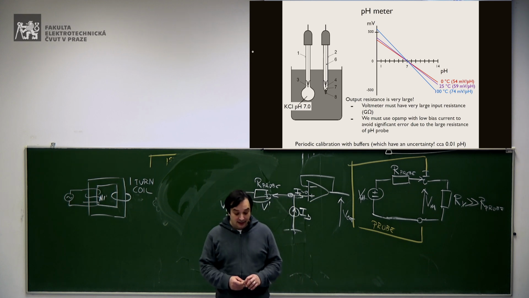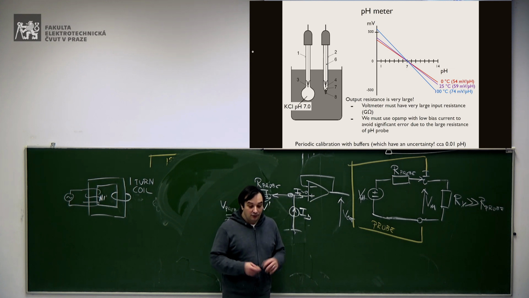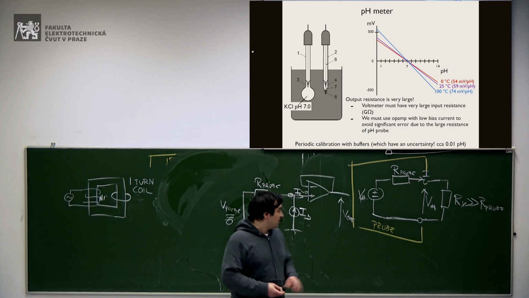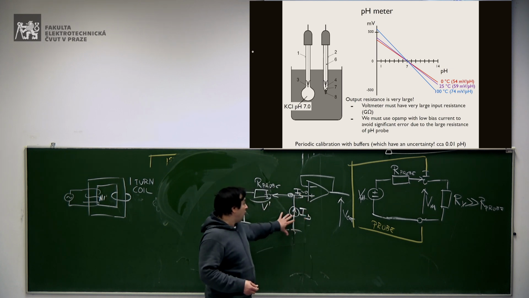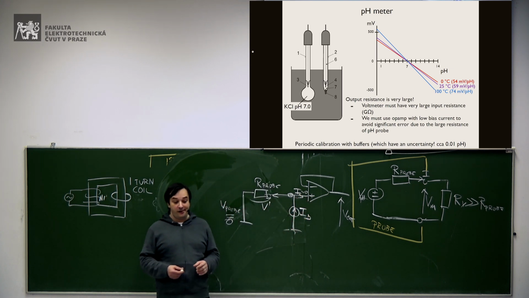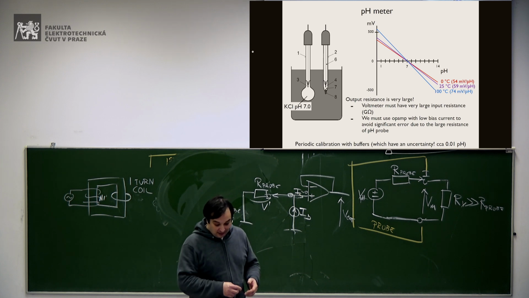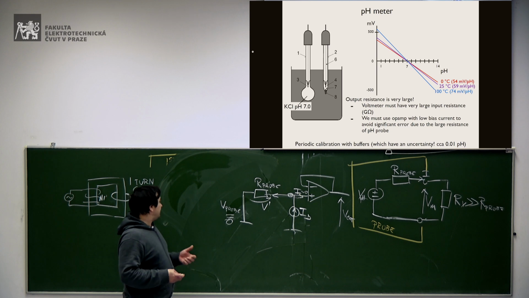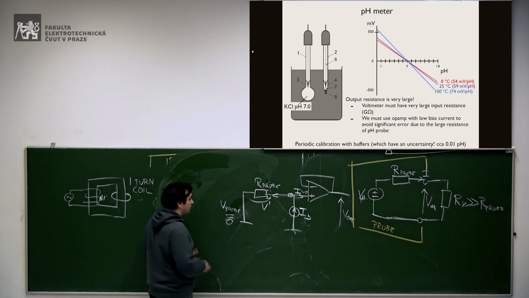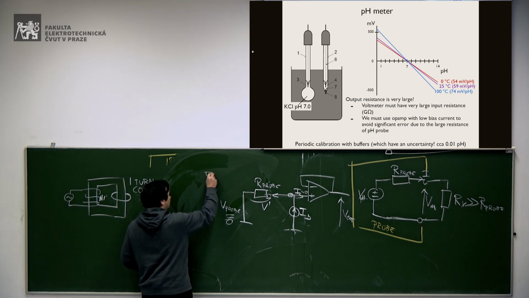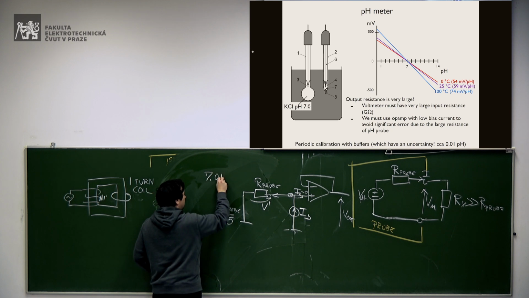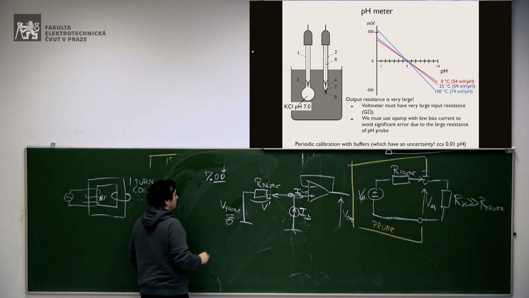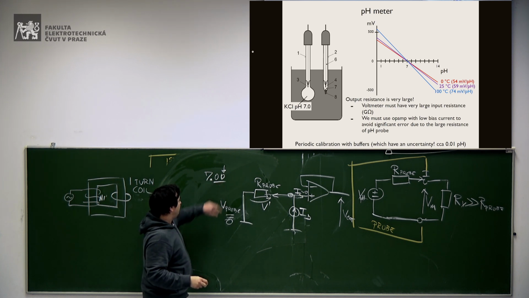Which means that you need some operational amplifier with very, very low bias current. If you look at pH meters nowadays, they also show results with, for instance, 2 decimal digits of pH.